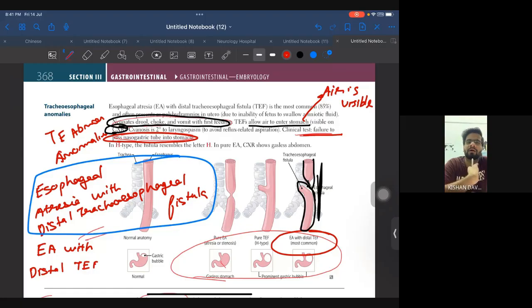It will be stopped over here. So that tube you will be seeing on the X-ray. If the tube is going all the way down to the stomach, this is not the diagnosis. If it is not going down to the stomach, if it is stuck in this part, then it is TEF. Okay. So these 3 points they will definitely give: drool, choke, vomit; air; and failure to pass the nasogastric tube into the stomach. Okay, so you just need to remember this.